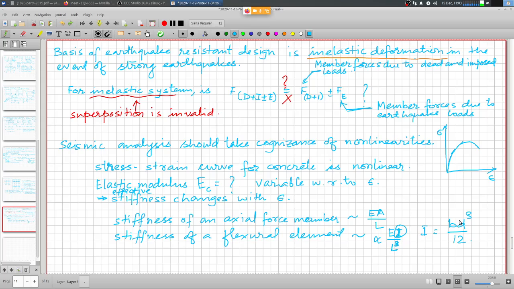Now the question here is, what are these B and D? So now I have something that is peculiar to earthquake situation. If I have this cross section of the beam, let's only consider the rectangular beam at the moment, right?